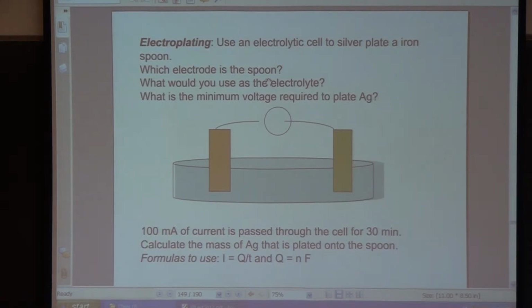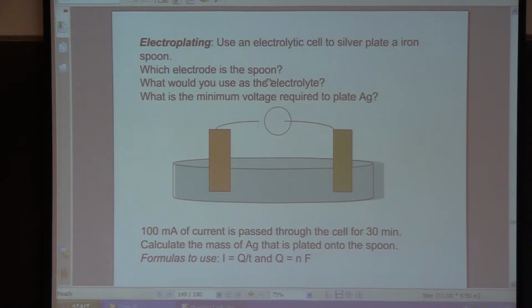Now Faraday's constant comes from the charge of an electron. The charge of one electron is 1.6 times 10 to the minus 19 coulombs, and then multiply that by Avogadro's number, and this is how you get 96,500.